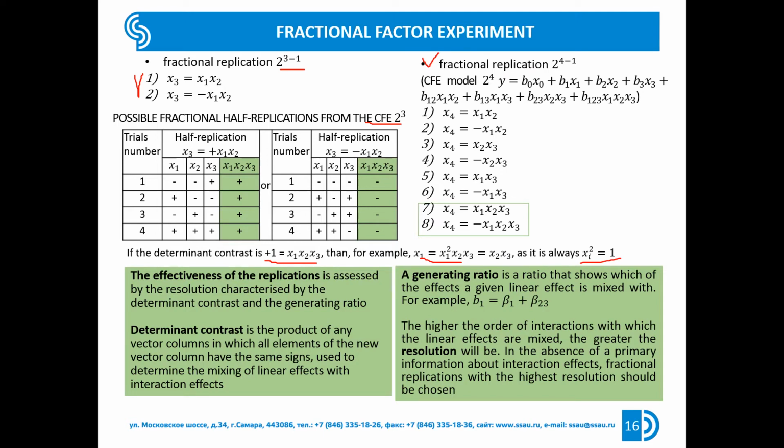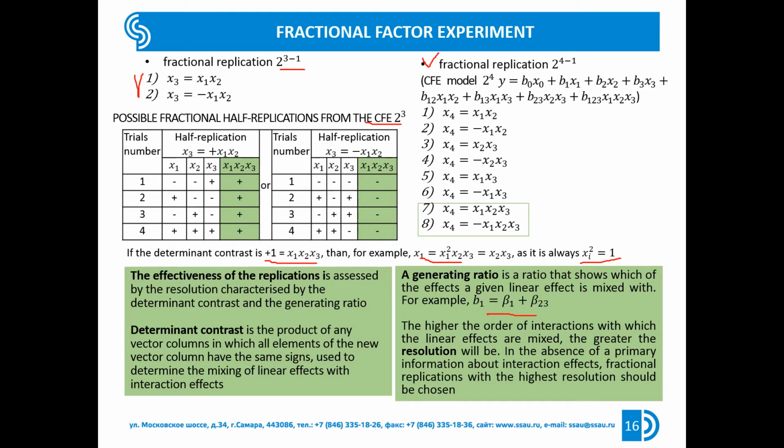A generating ratio is a ratio that shows which of the effects a given linear effect is mixed with, meaning the ratio obtained above is a generating ratio. For example, the linear effect of x1 is mixed with the paired effect of x2 and x3. For example, this where beta i is the actual value of the coefficients needed.